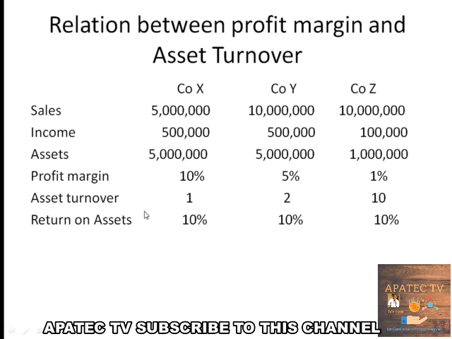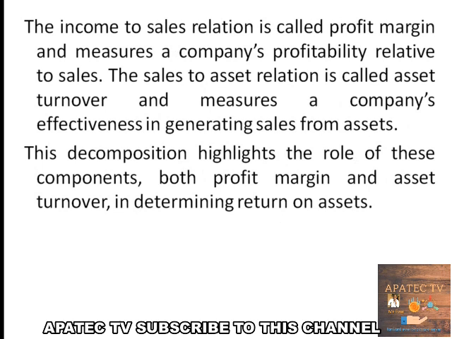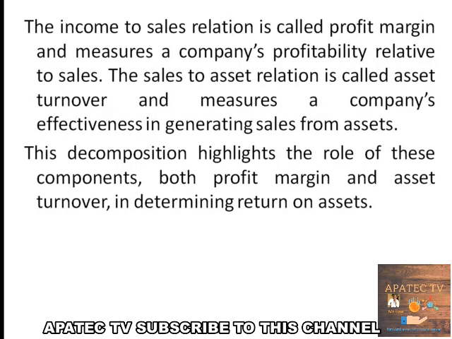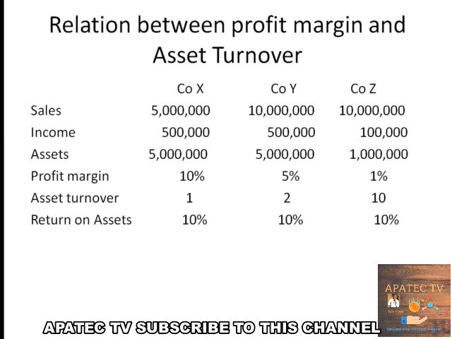Asset turnover is equal to sales divided by assets. So in this formula, we divide sales by assets to get asset turnover, which means 5 million divided by 5 million.